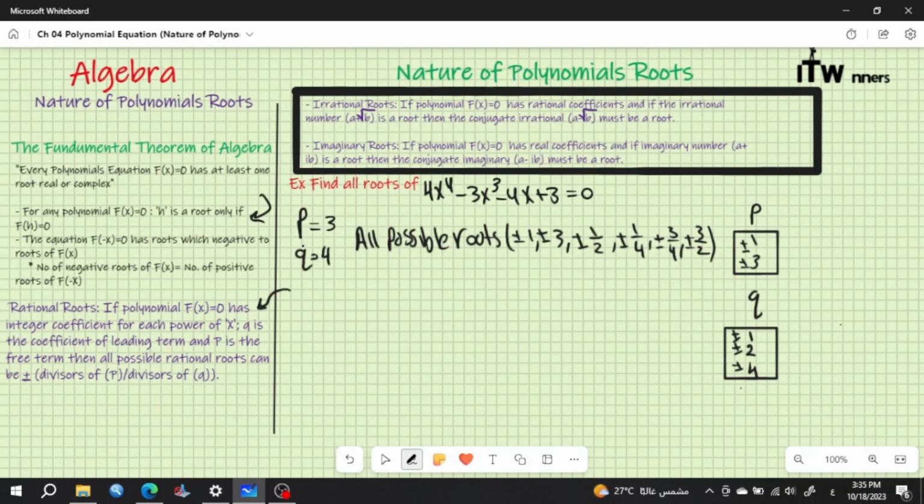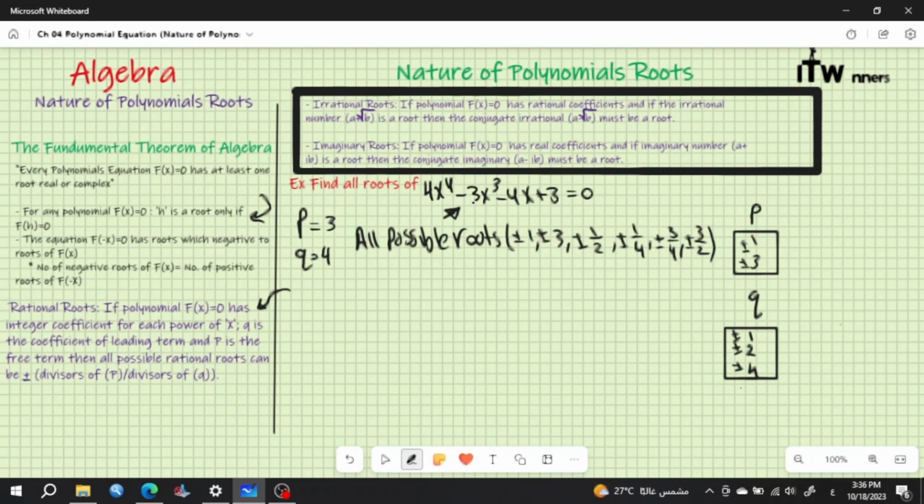Okay, so let's start. Here, we notice we have an odd power of x with a negative sign. Then all negative roots can be eliminated.